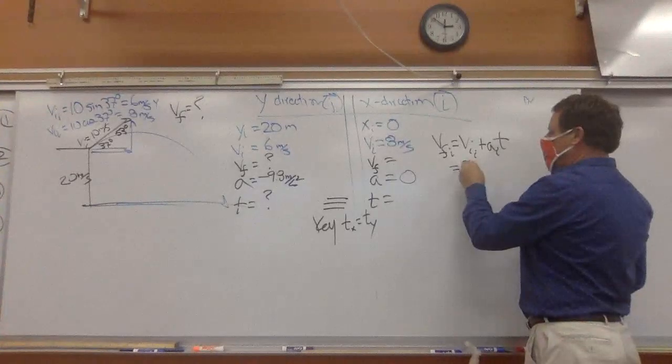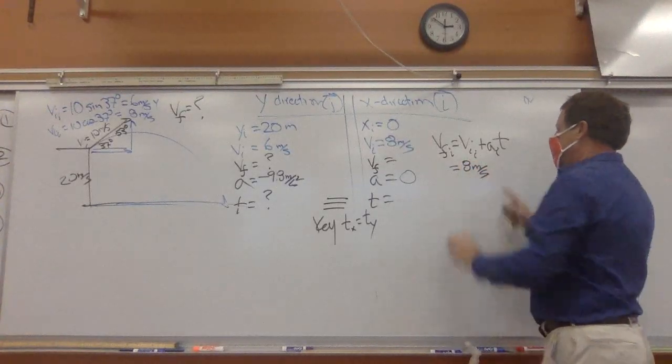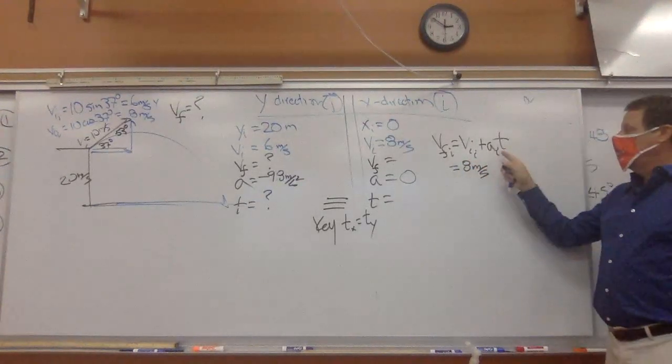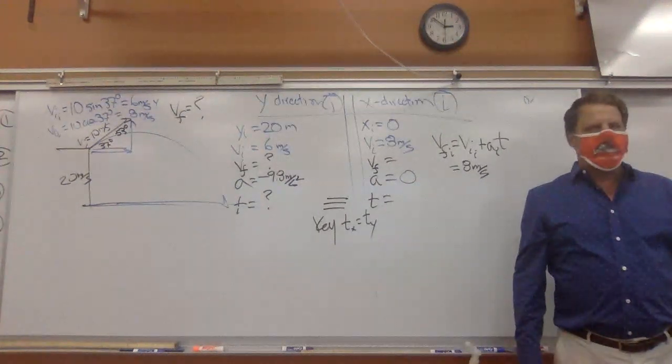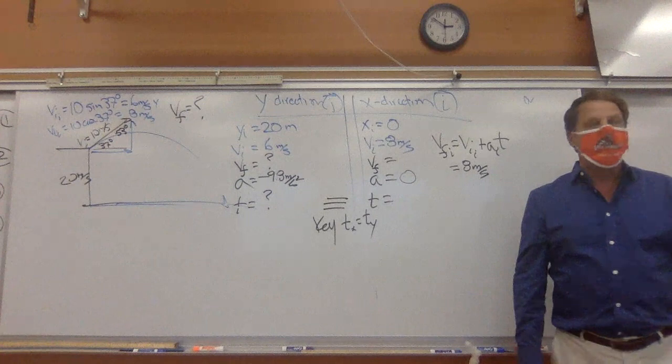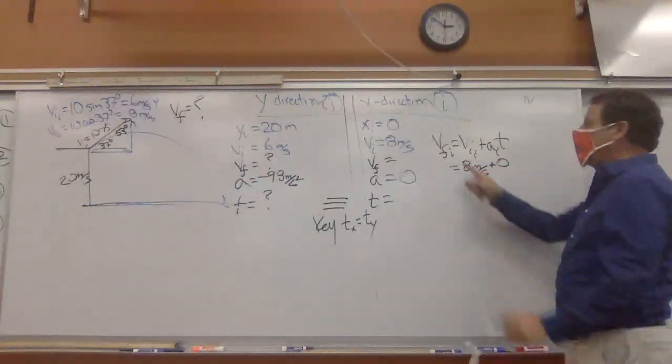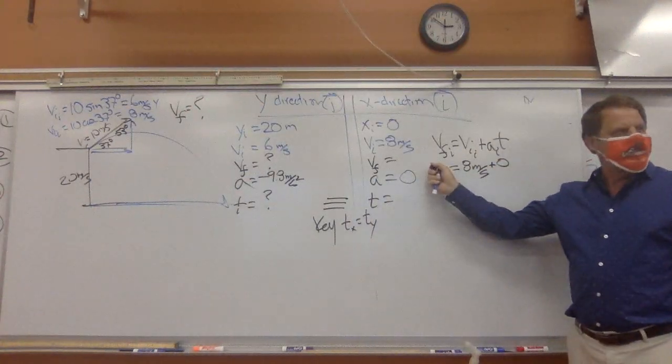Now, our initial velocity was 8 meters per second. What is our acceleration in the x direction? 0. It's 0, okay? So what is our final velocity in the x direction?